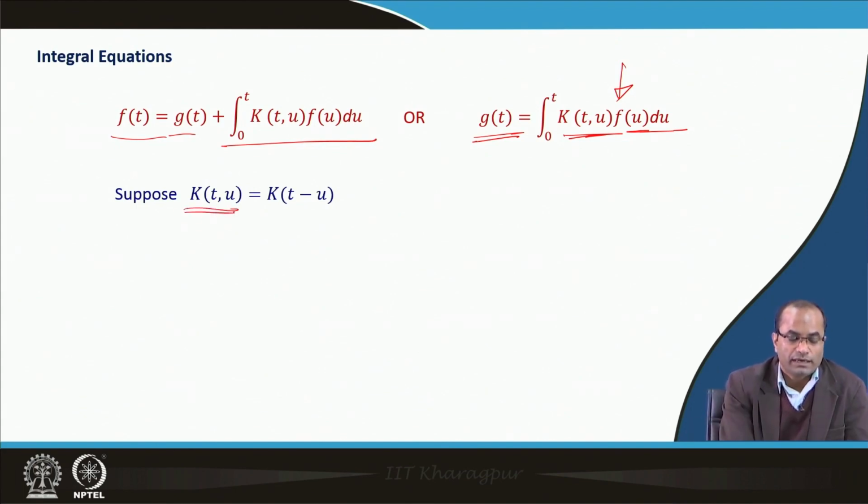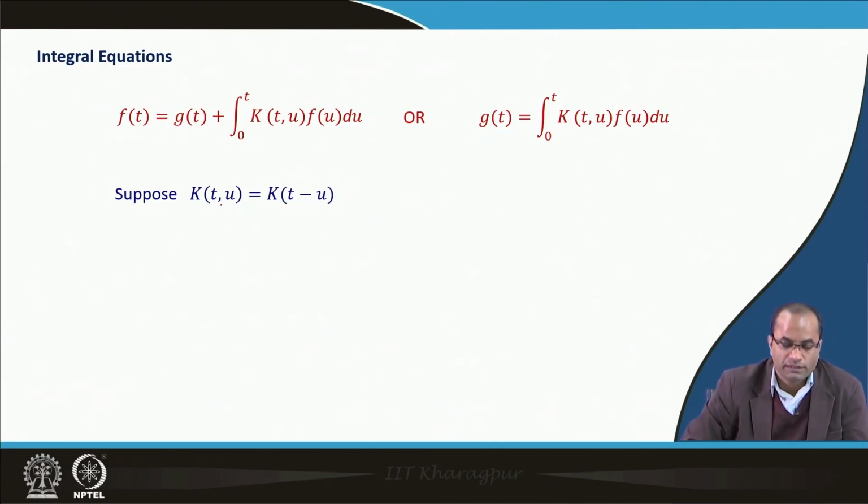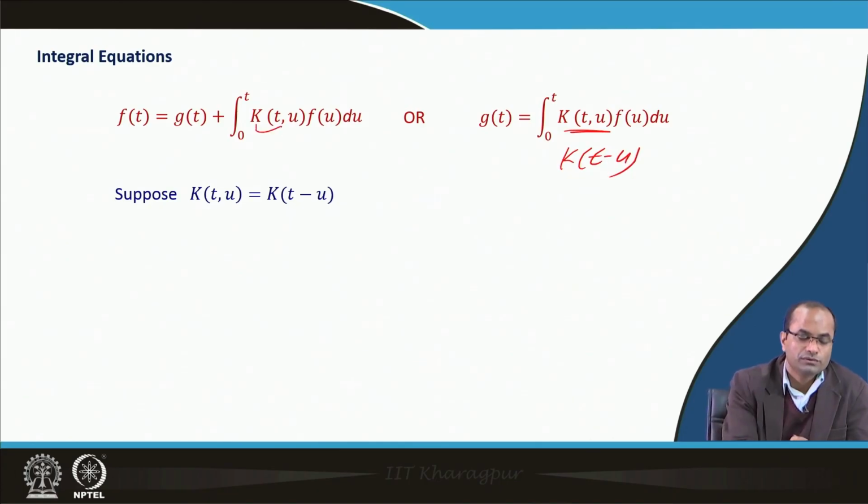So, under this condition this Laplace transform is very much useful. If k t u is of this kind, a function of t minus u, so this is k t minus u, here also we have this k t minus u.